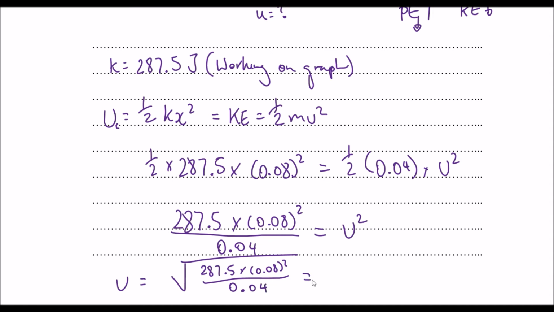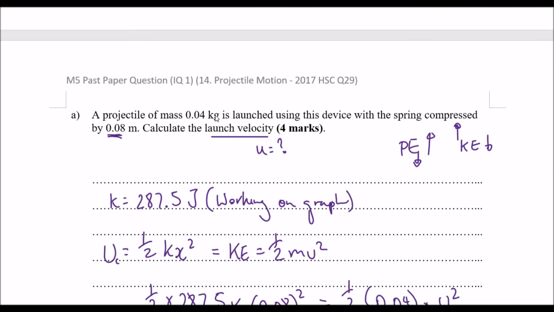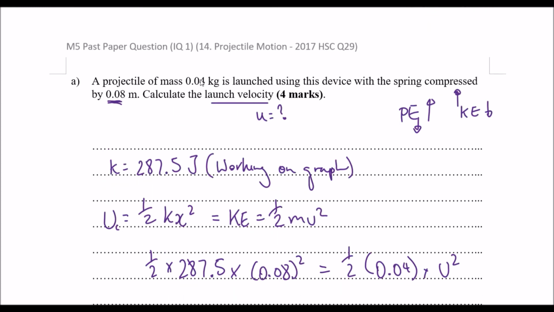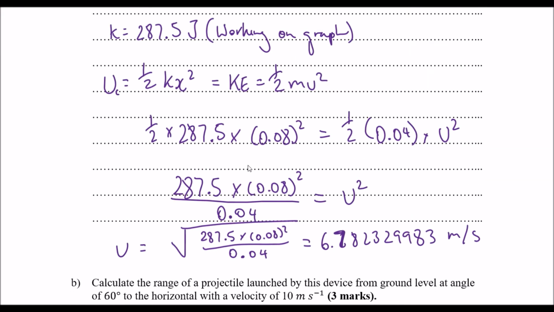Okay, so the velocity we get is 6.7823299983 meters per second. Let's have a look at how many sig figs they use. One here, so 3 sig figs here. Let's just round off to 2 decimal places, because they do that, so we'll round it off to 2 decimal places.